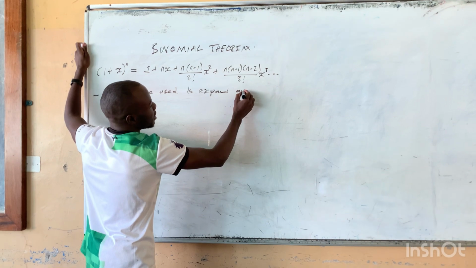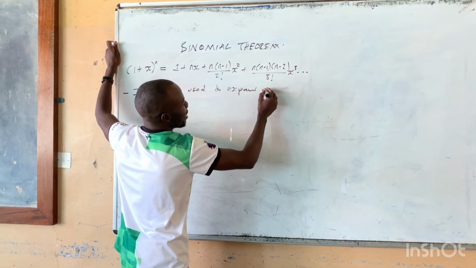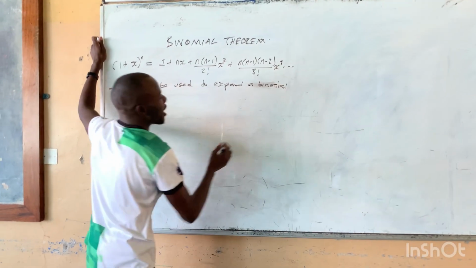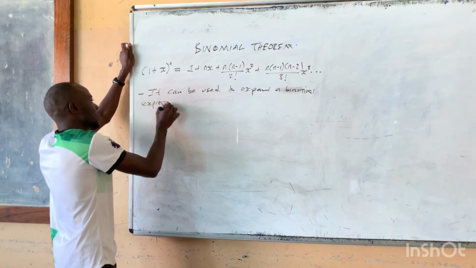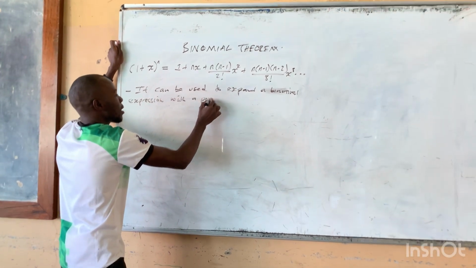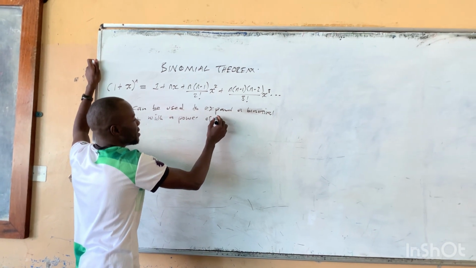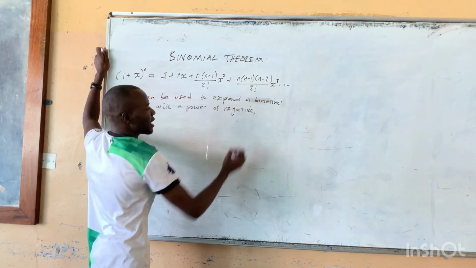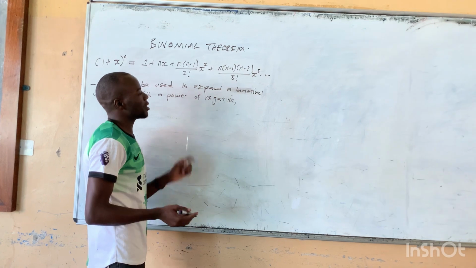So when the power is negative, you can use binomial theorem to expand.